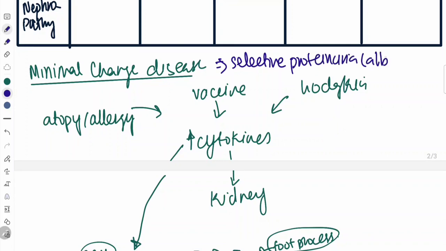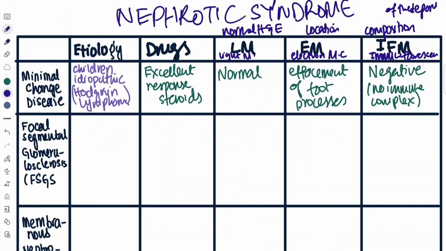Only albumin will be released, albuminuria will happen. It is selective to albumin, but no immunoglobulin, so there will be no immunocompromise. Okay, next is focal segmental glomerulosclerosis.